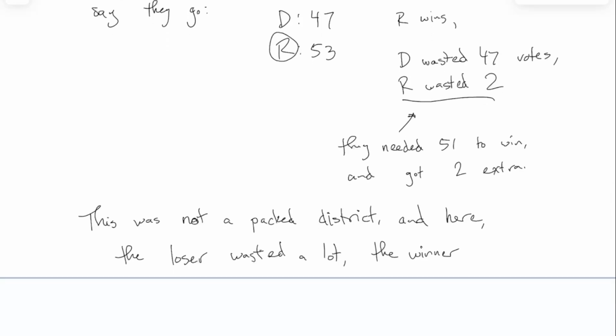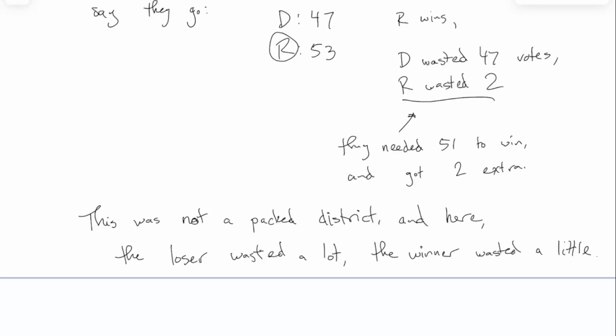And the loser wastes a lot because all the votes for the loser are wasted. So this was not a packed district. Here the loser wasted a lot, the winner wasted a little. And that's actually sort of how it should be if the district is not packed. If the district is more or less evenly split, this is what you will see happen. The loser wastes a lot and the winner wastes only a little.